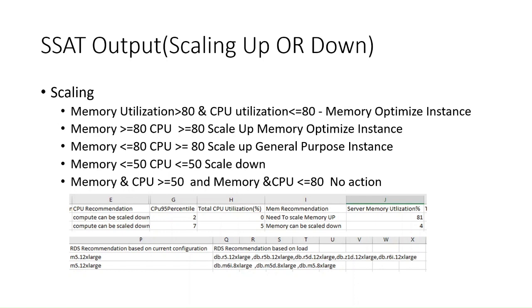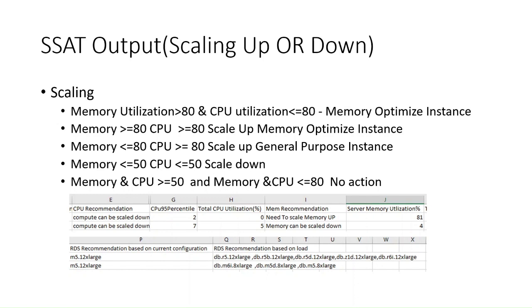What that means is we have two different offerings of instances for RDS, and specific to SQL Server, we have general purpose, which has a 1 to 4 CPU to memory ratio, and memory optimized, which has 1 to 8, and they can go up to 1 to 15 and 1 to 30. So if your memory is over 80% but the CPU is not showing any pressure, we do not scale you up. We try to save you money on licensing, and we put you in memory optimized so you can take advantage of extra memory.